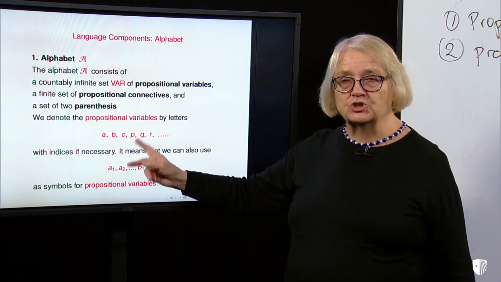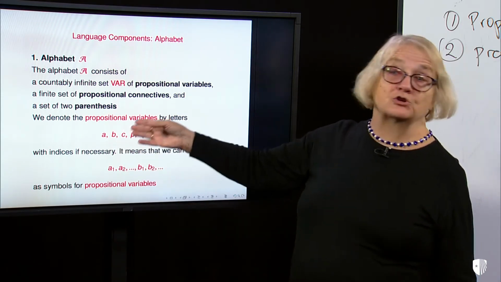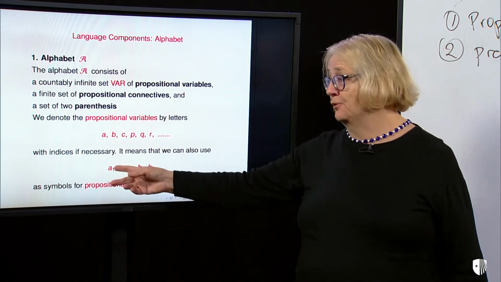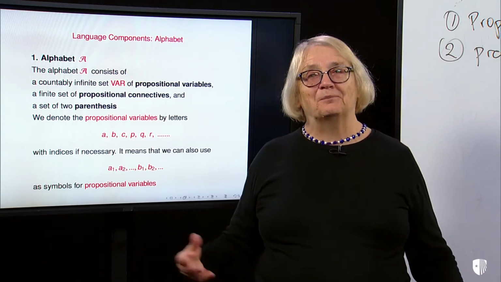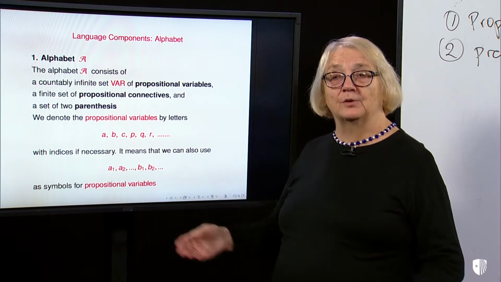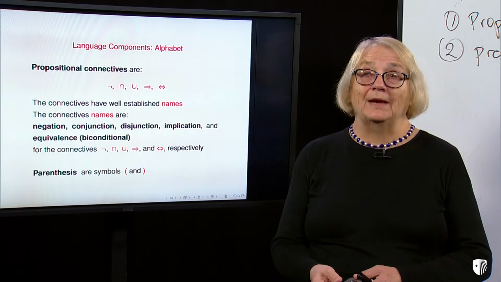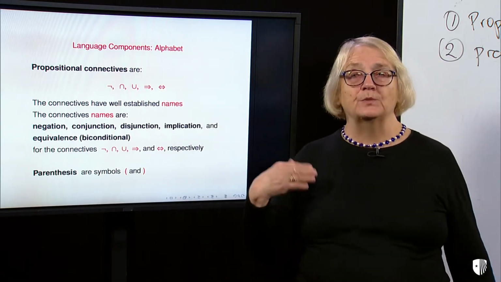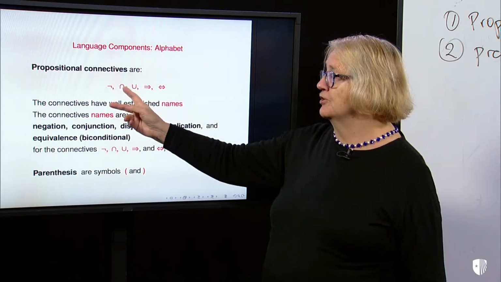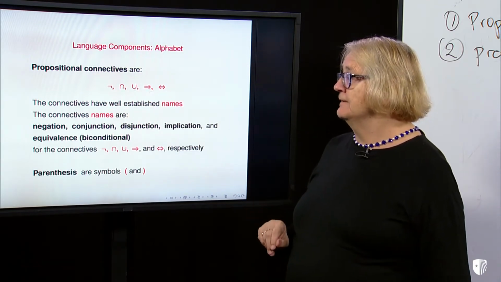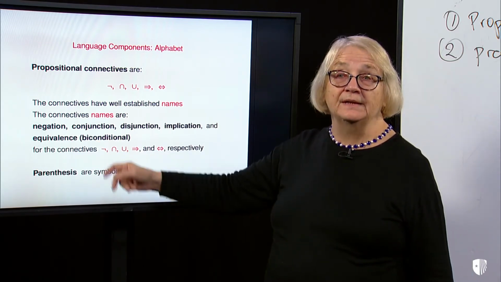For propositional variables we use A, B, C, P, Q, R, and if there are too many of them, you put indices, because if you have 5,000, you say A1, A2, etc. So they're called propositional variables. And of course, we have propositional connectives. We already know what they are. Their names are negation, conjunction, disjunction, implication, and equivalence, which is also called biconditional.